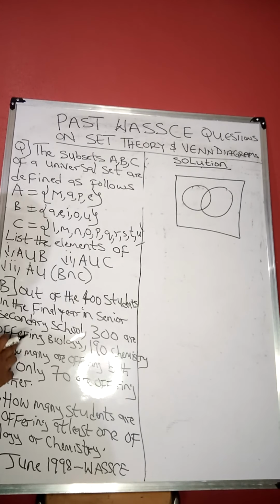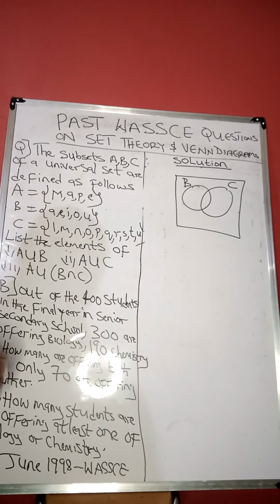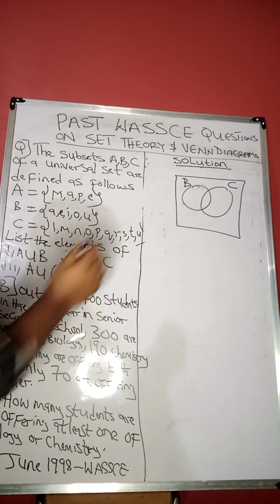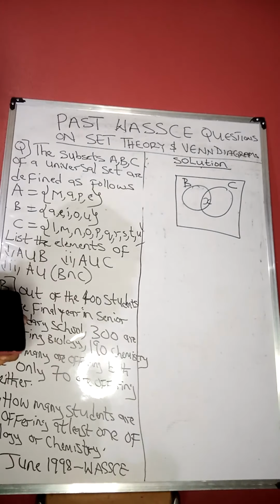Let's call biology B, and chemistry C. Now the first question is asking us how many are offering both subjects. We don't know the number offering both subjects, so let's represent that number by X. Follow me closely.